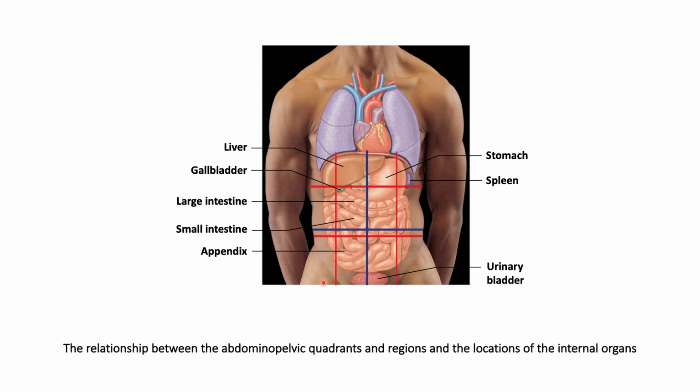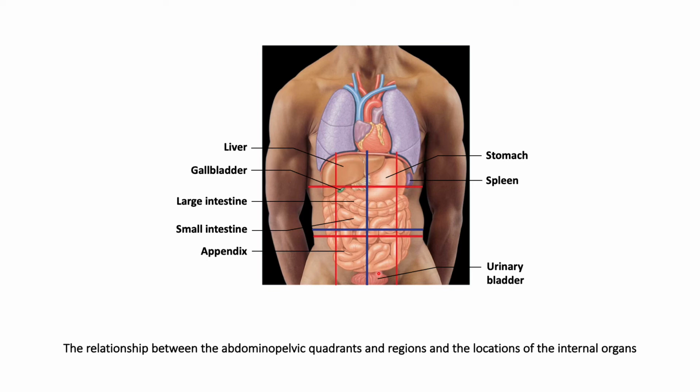And when we get to the right lower quadrant, we're going to see the rest of the intestines, but especially here, we're going to see the appendix, which is so tiny, so small, you can barely see it. And then we also see part of the bladder, and when we move on to the left lower quadrant, we're going to see the rest of the intestines and the bladder.